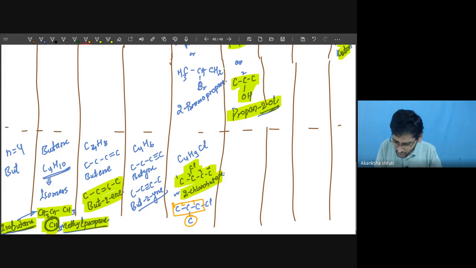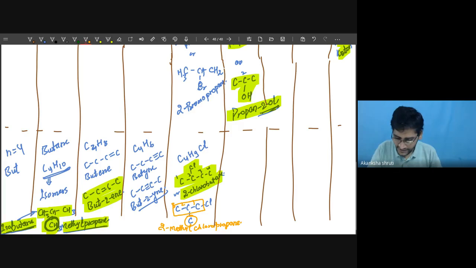So at 2, it becomes 2-methyl, chloropropane. Are you getting? So butane, containing 4 carbons, doesn't mean the IUPAC name will always be butane. No. Okay.